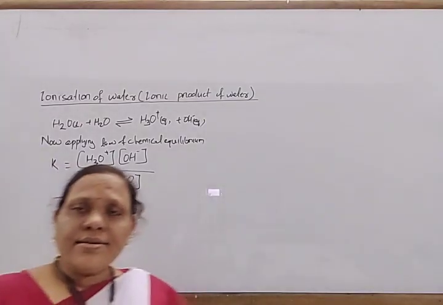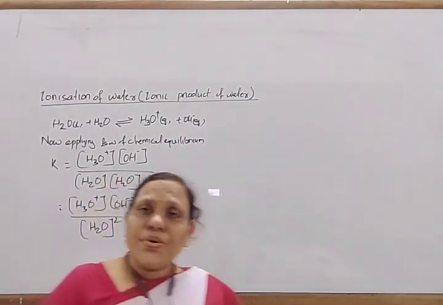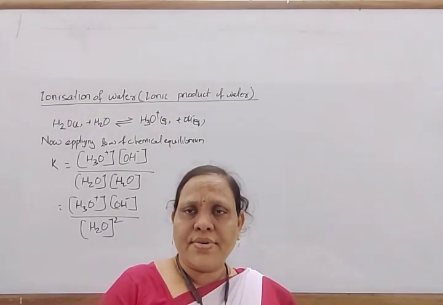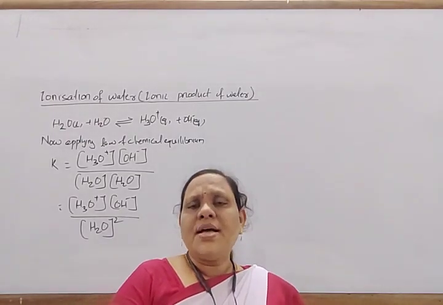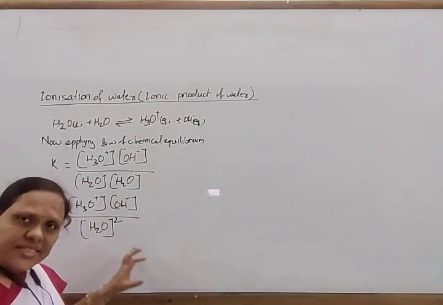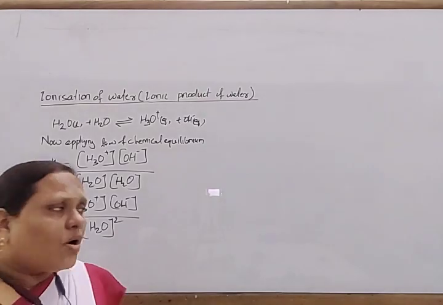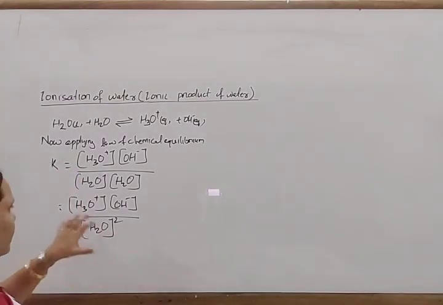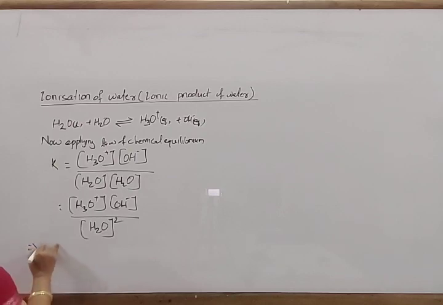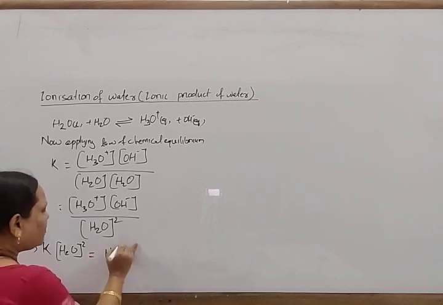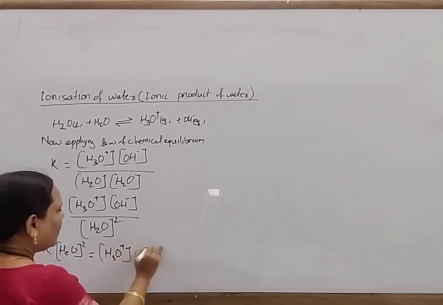Generally the concentration of a pure liquid is taken as 1. Because water is very slightly ionizable, its concentration does not change during this ionization process and remains almost constant. So K into H2O squared is equal to H3O plus into OH minus.